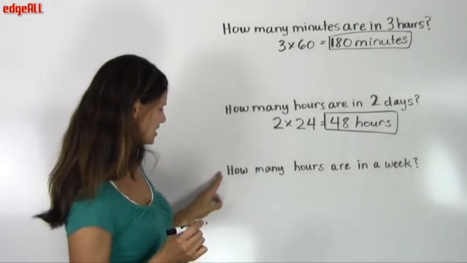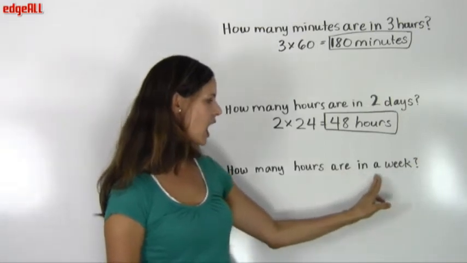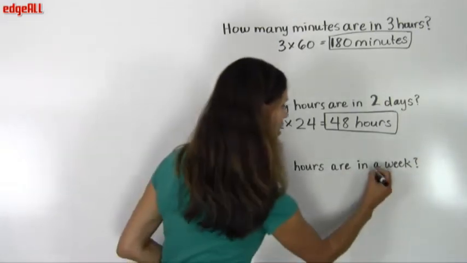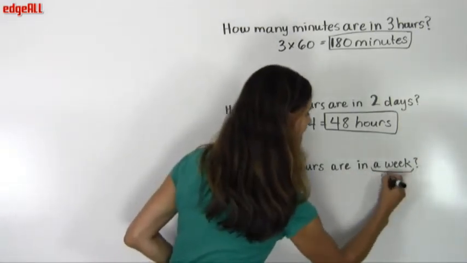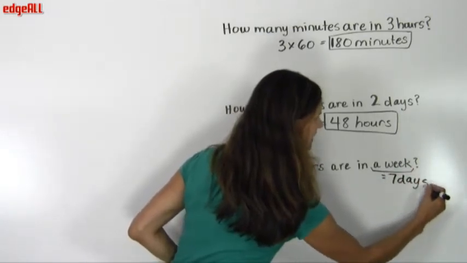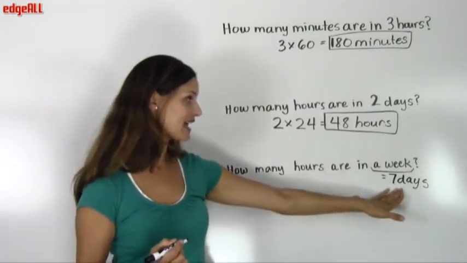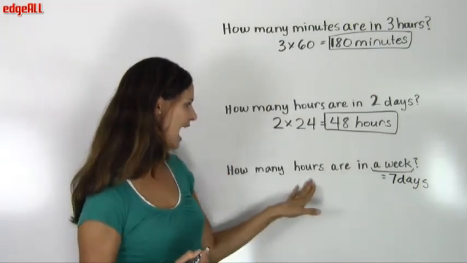Our third question here asks us how many hours are in a week. Well, we know that 1 week equals 7 days. And so we also know that in 1 day we have 24 hours.